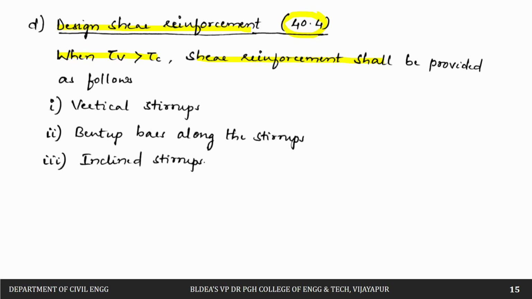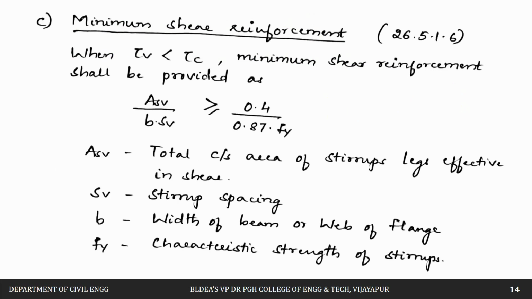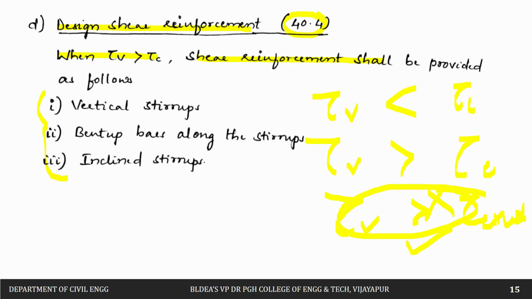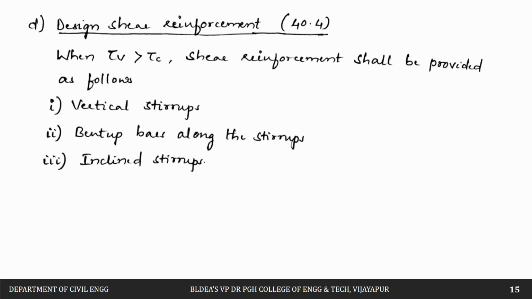If tau v is greater than tau c max, then this is wrong, so you have to revise the section so that tau v is not greater than tau c max. These are the conditions we are going to follow.